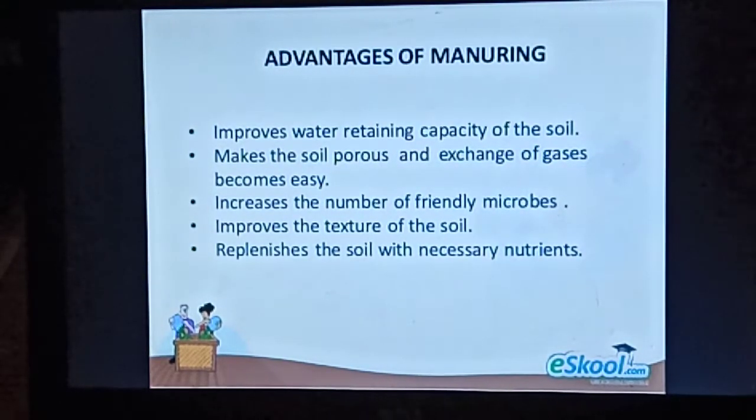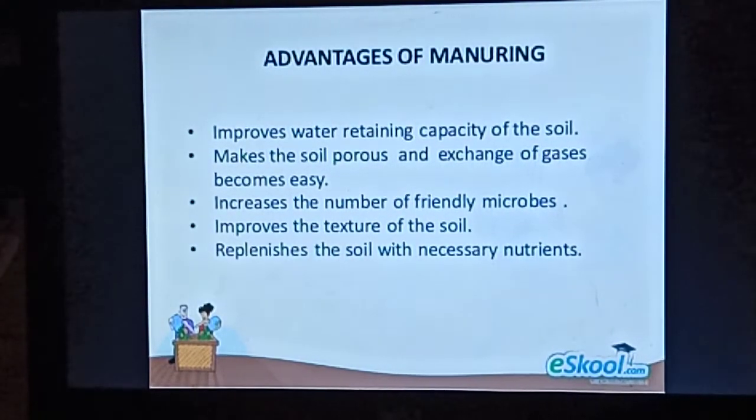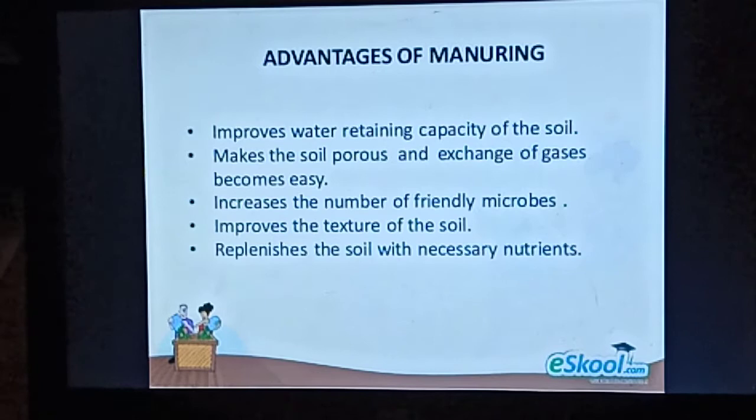So manure improves the water retaining capacity of the soil, means it takes much and much water and improves the capacity of soil to take much water, and it makes the soil porous and exchange of gases becomes easy, means it makes soil very fertile and good, and nutritious.